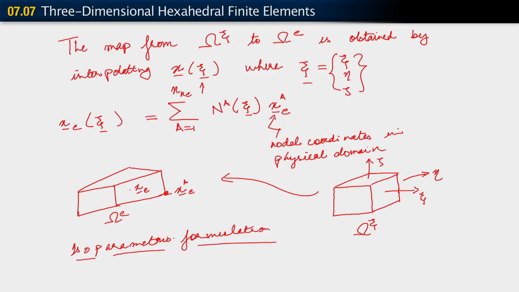Isoparametric refers to the fact that to interpolate our finite dimensional weighting function as well as the geometry, we're using the same basis functions. So we have an isoparametric formulation. With this, we know how to go ahead now. We will be able to compute our fields, including their gradients.